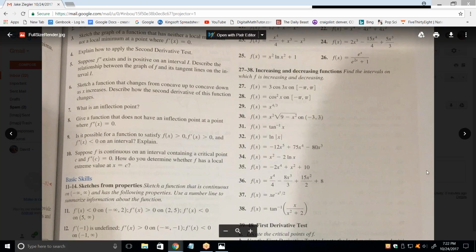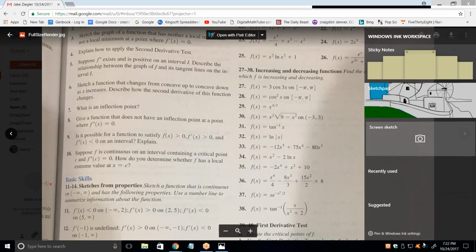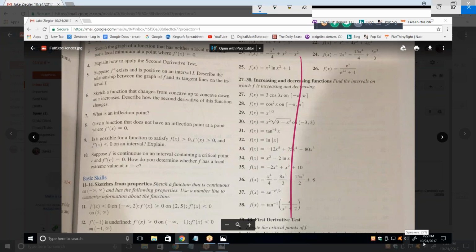So if the second derivative is positive on that interval, it's got to be concave up. So let's draw a chart, and we'll call the interval from there to there. It's concave up, right, on that entire interval?